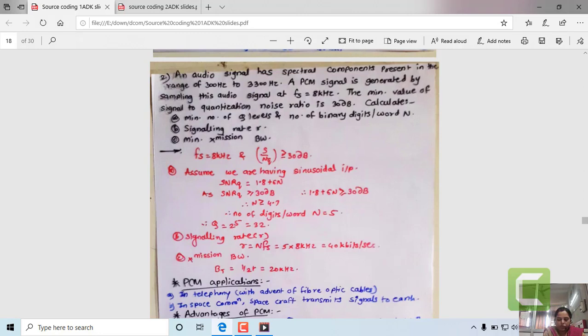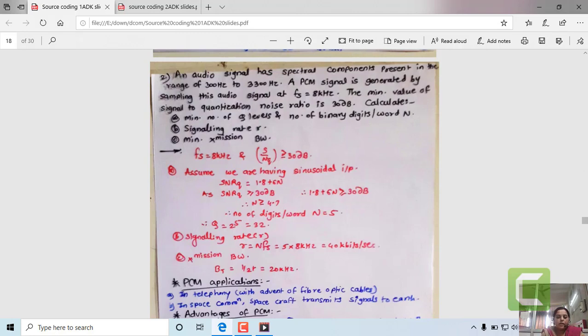From these two numericals, you might have understood how the required transmission bandwidth, signaling rate, sampling frequency and SNR are interrelated with each other. Originally in the PCM SNR equation we commented that if a single bit in the PCM word is increased, then its SNR is going to increase by a minimum of 6 dB.